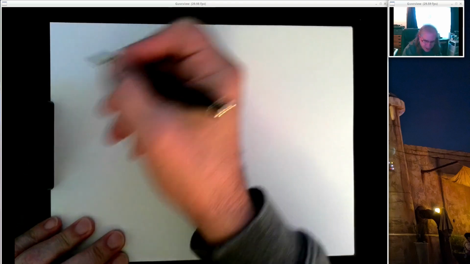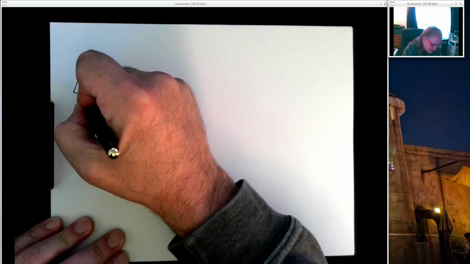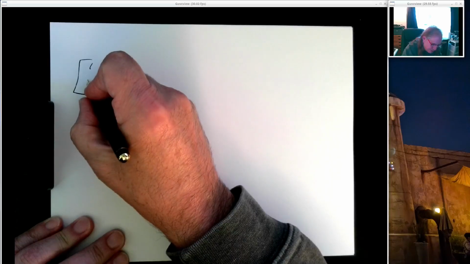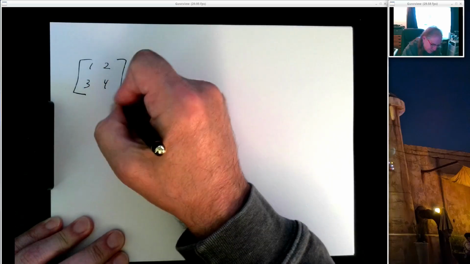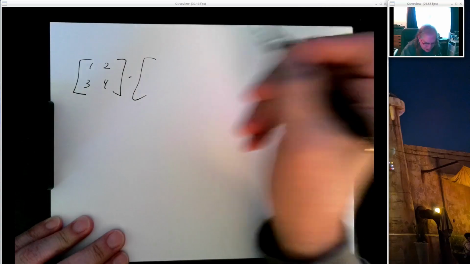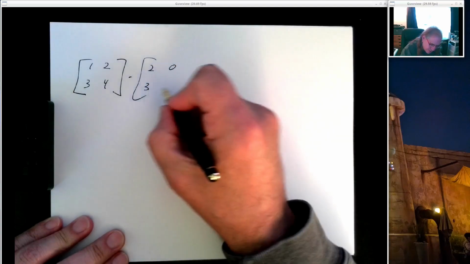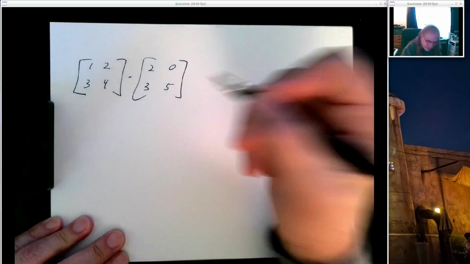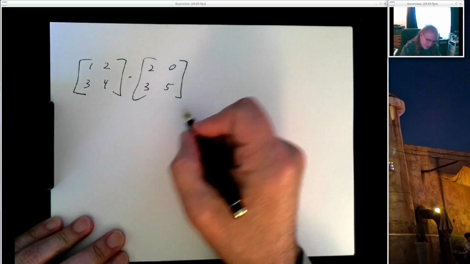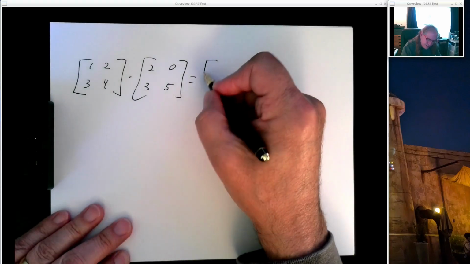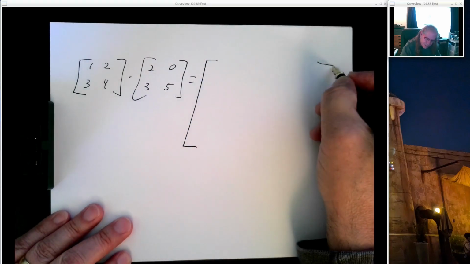All right. So here's multiplication of matrices, and I'll show you a specific example, and you can generalize it if you like. But I just want to show you there is a way to multiply these things. So let me stick with 2 by 2 matrices. So let's do 1, 2, 3, 4, and let's multiply by 2, 0, 3, 5. I'm just making these up. Okay, so the product is going to be a 2 by 2 matrix.